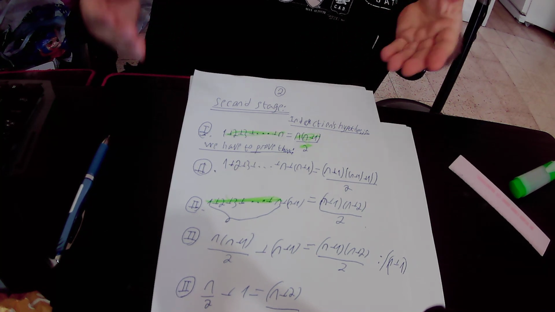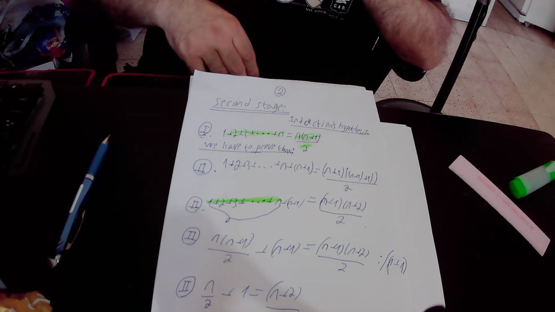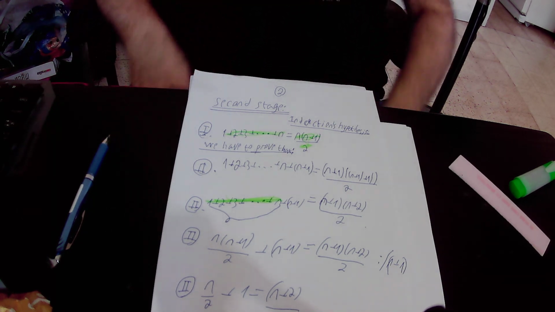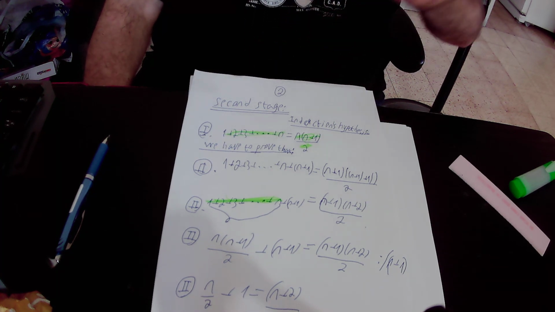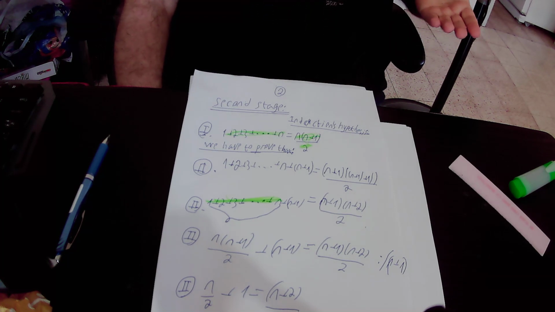Because according to our general proof, if it is true for n, it also must be true for n plus 1, and n equals 1, so it must also be true for 1 plus 1, that is 2.